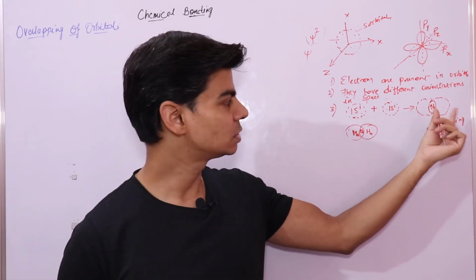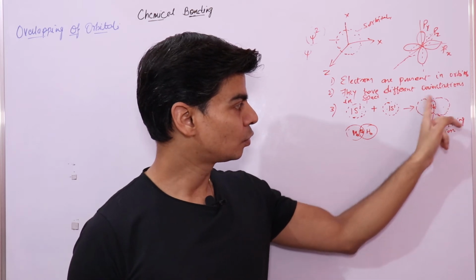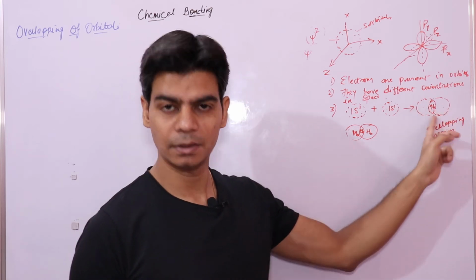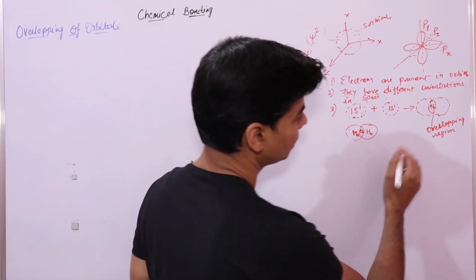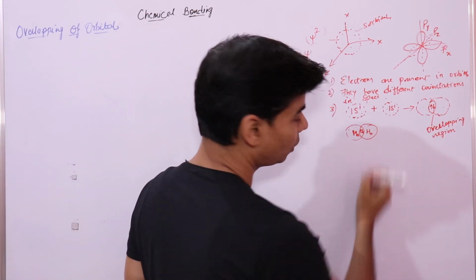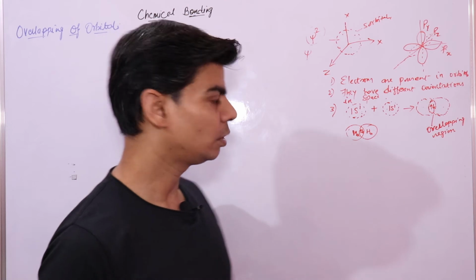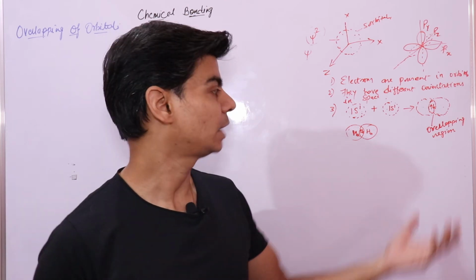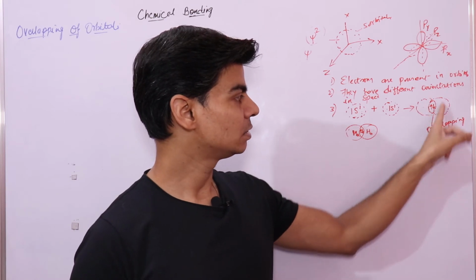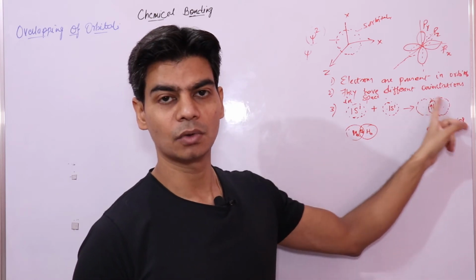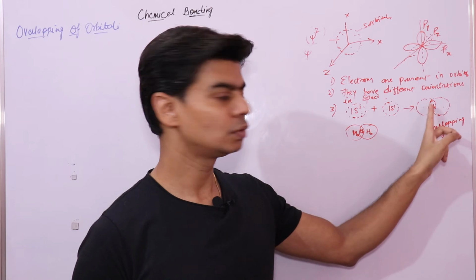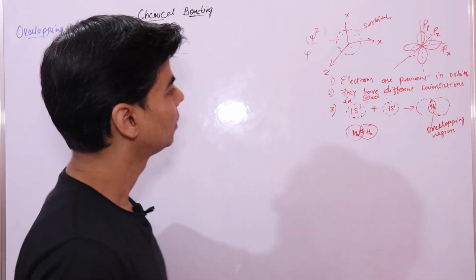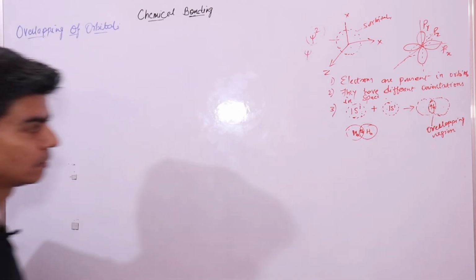The shared electrons are present in this common overlapping region, and we call it the bond pair of electrons. So the bond pair of electrons that result in covalent bond formation are present in this overlapping region, or the common shared region that now belongs to both the electron clouds. So this is the basic concept, right?